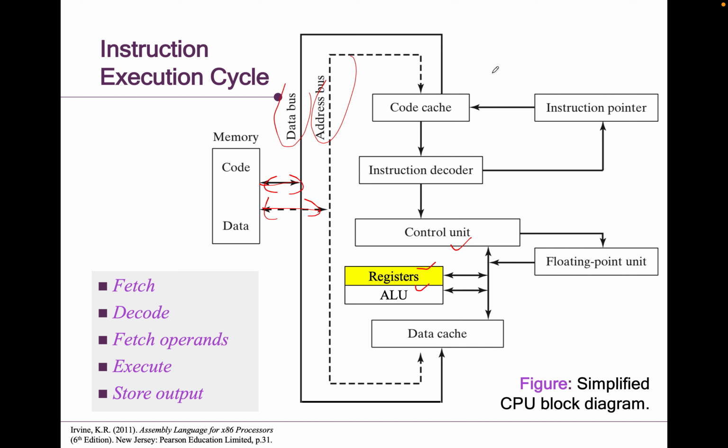No need to memorize all the detail in this figure, but later you are going to learn what is fetch, decode, fetch operand, execute, and store output, which is related to all the connections there.